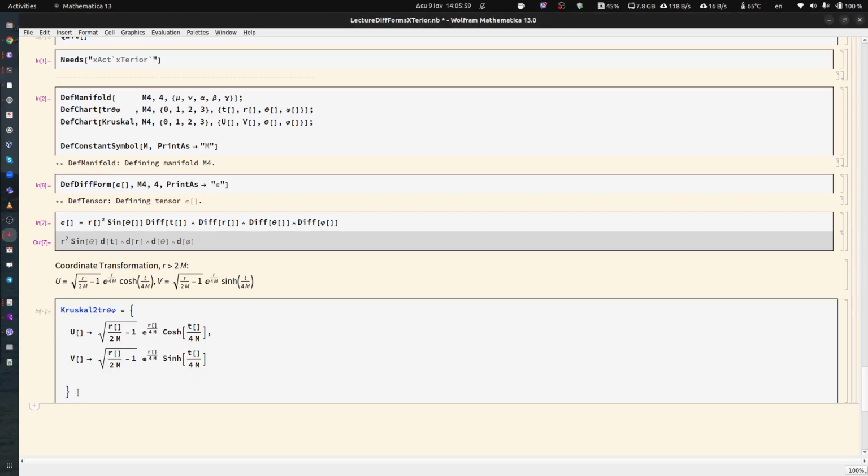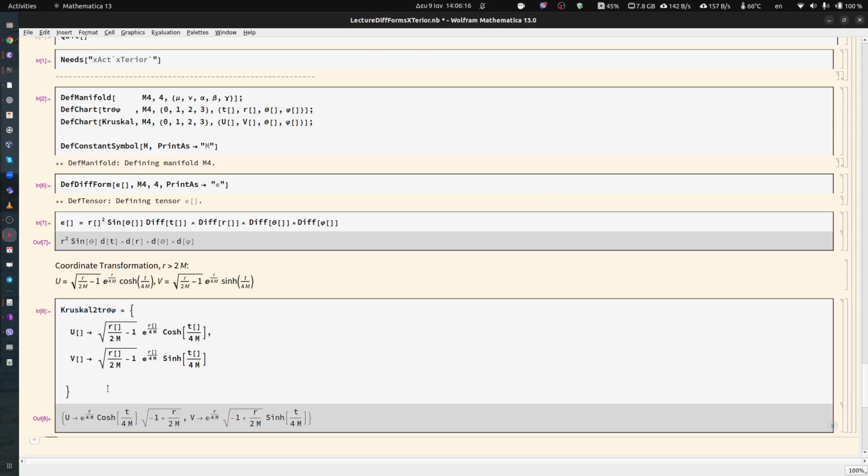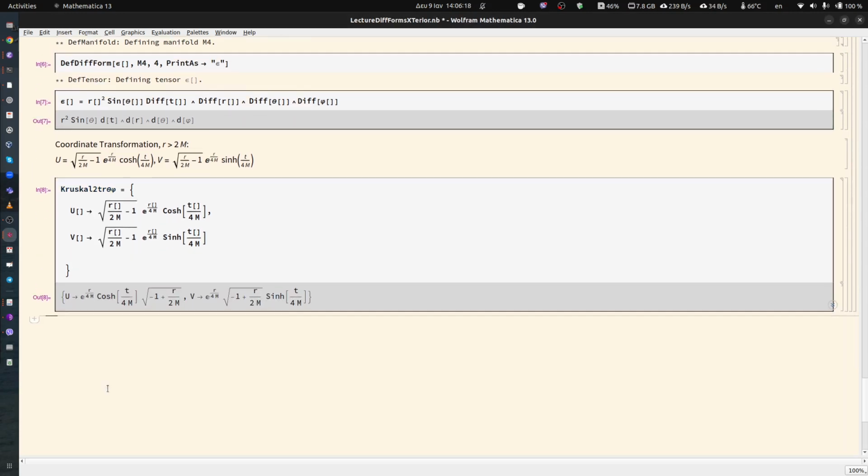So, as before, we define this change of coordinates as a rule that takes the u and v coordinate functions and transforms them to expressions involving r and t. So we evaluate the cell and we obtain this.